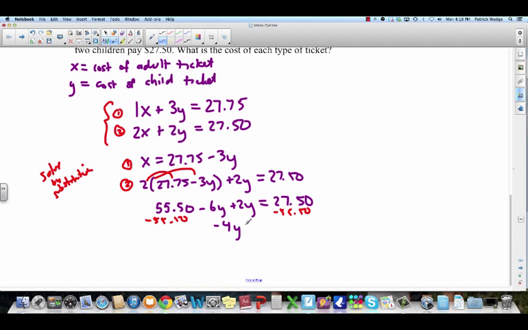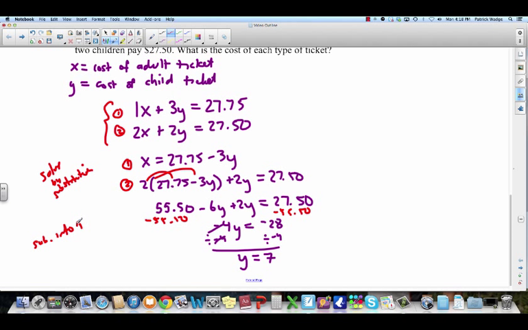Again, you might need a calculator, but when you subtract 27.50 take away 55.50, you end up with negative 28. And the last thing we have to do is divide by negative 4 and divide by negative 4. These cancel, you're left with y equals 7. Great! Now we want to figure out what x is. So we're going to substitute into, which one do you want, 1 or 2?